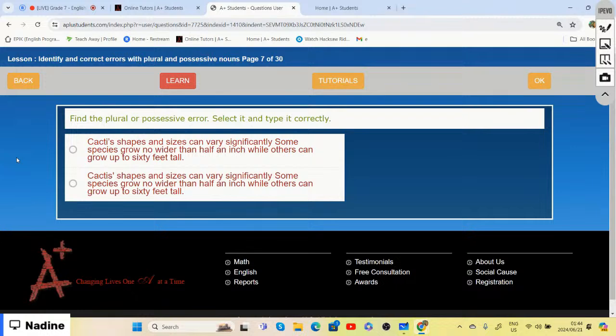So option one, is it apostrophe and an S because we are making mention of one cactus? Or it's option two, we are talking about more than one cactus.